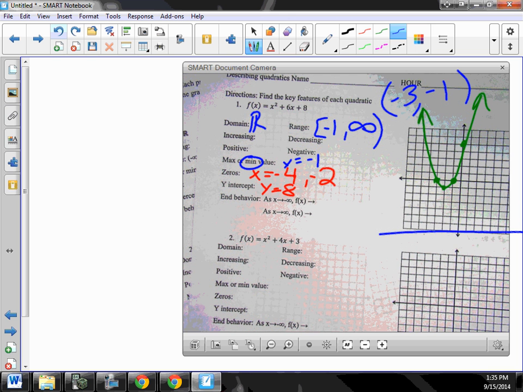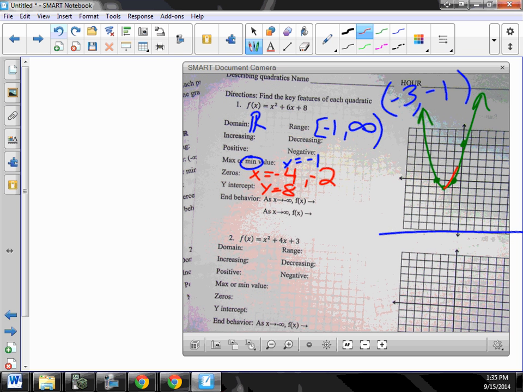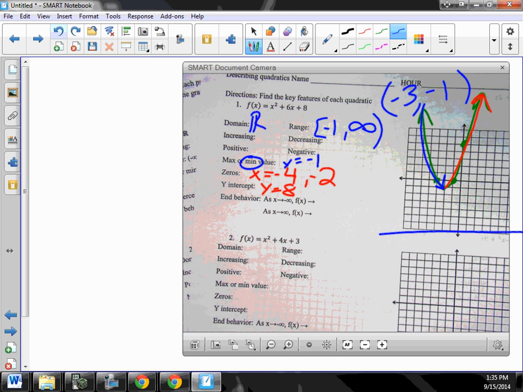So now we have to split the graph into increasing and decreasing. This piece is increasing, and this piece is decreasing. What is the number where the graph switches from increasing to decreasing? Negative, these are x values. -3 is the switch, right?